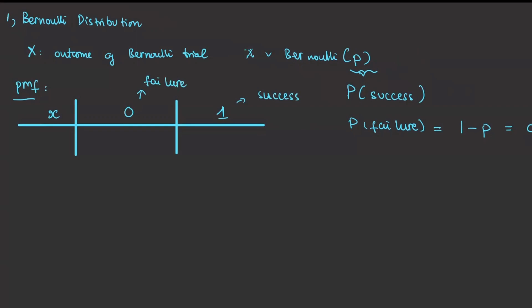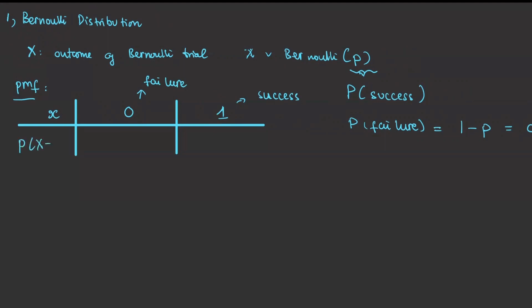For example, if I toss a coin and I define head as the success outcome, then if I got head, X will take on value 1. But if I got tail, then X takes on value 0. It is because I define head as success. If you define tail as success, then it should be the opposite.